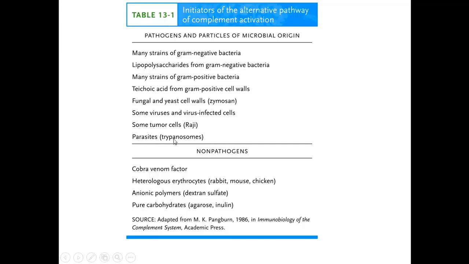All of these can activate alternative pathway. And one of the best activators of alternative pathway is cobra venom factor that can activate alternative pathway seriously or severely.